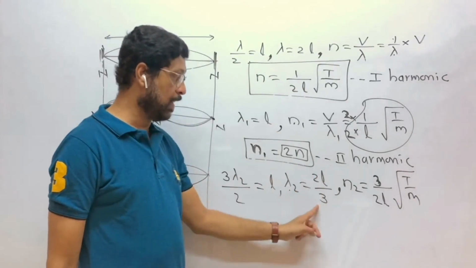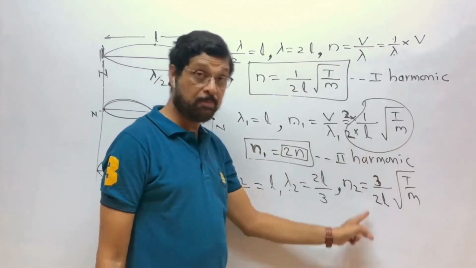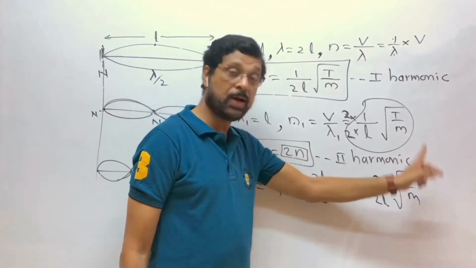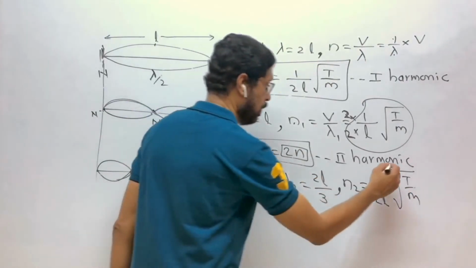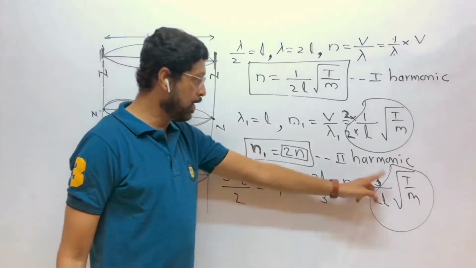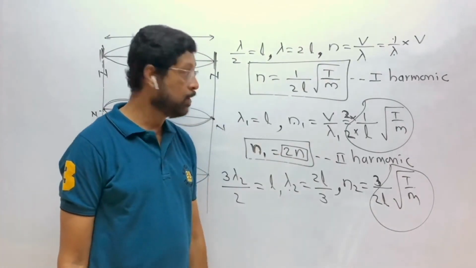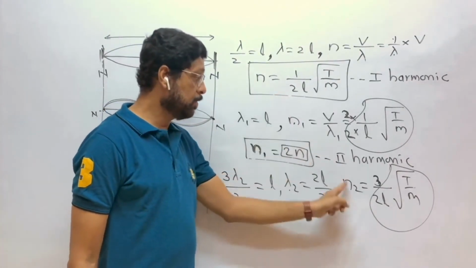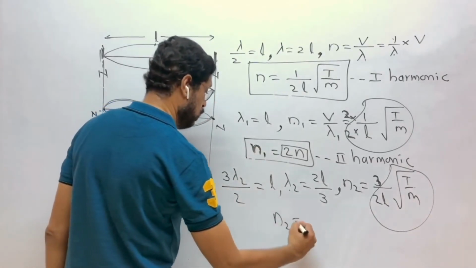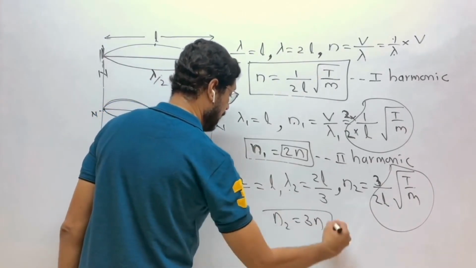Lambda 2 is 2L by 3. So N2 will be V by lambda 2. In place of lambda 2, 2L by 3. In place of V, under root T by M. What is this? 1 upon 2L under root T by M is N, which means N2 is equal to 3N. So N2 is equal to 3N.